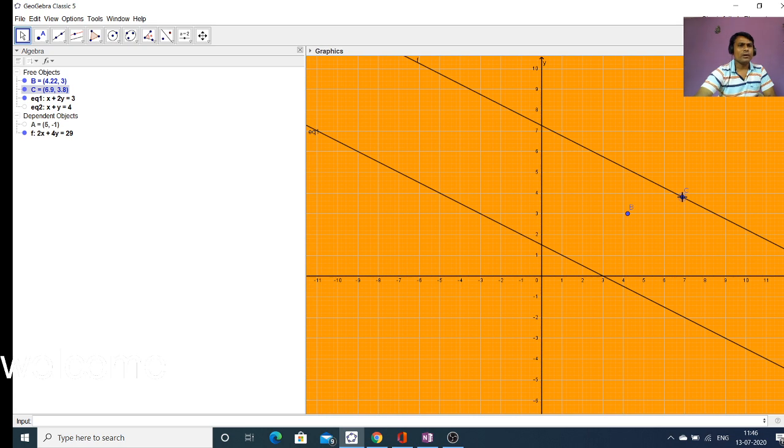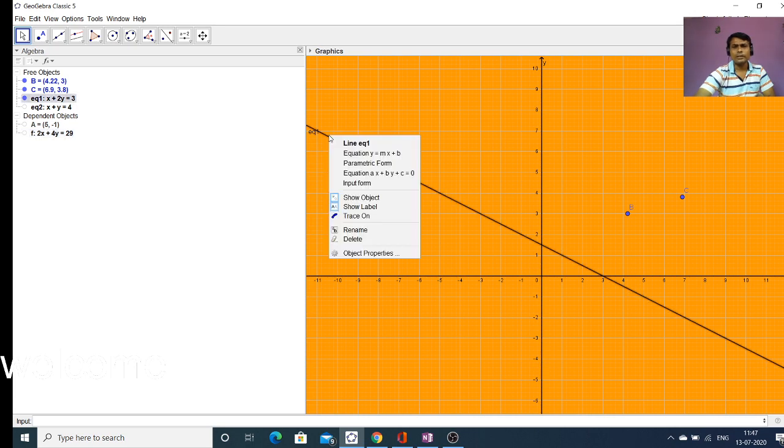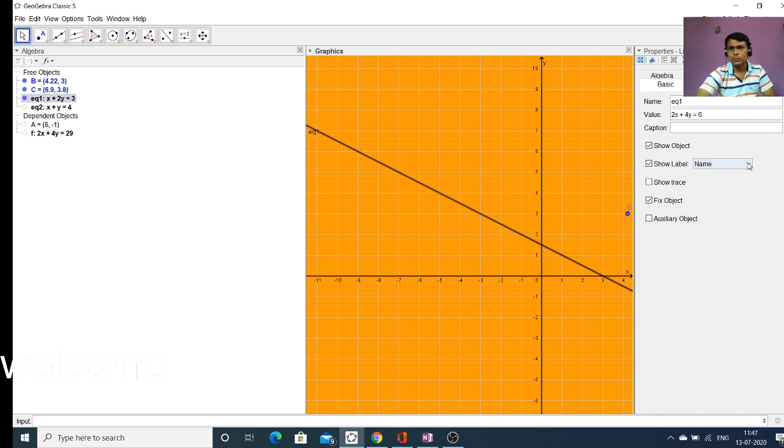Then I will take the other example of the line that I want to show you. This is the first line, which we obviously know, that is x plus 2y equals 3, the equation of that line. Object properties, and I will show the name and value. This is the equation of the line I am showing.